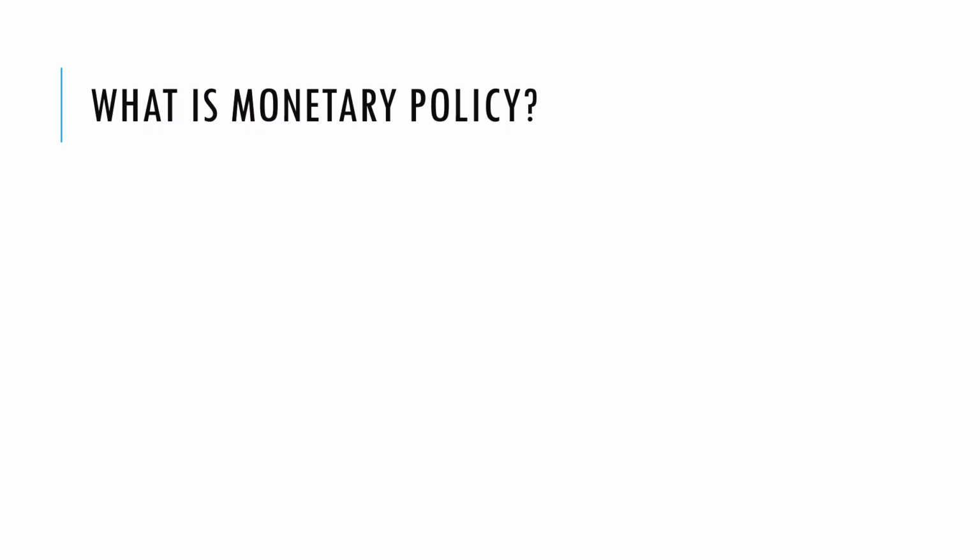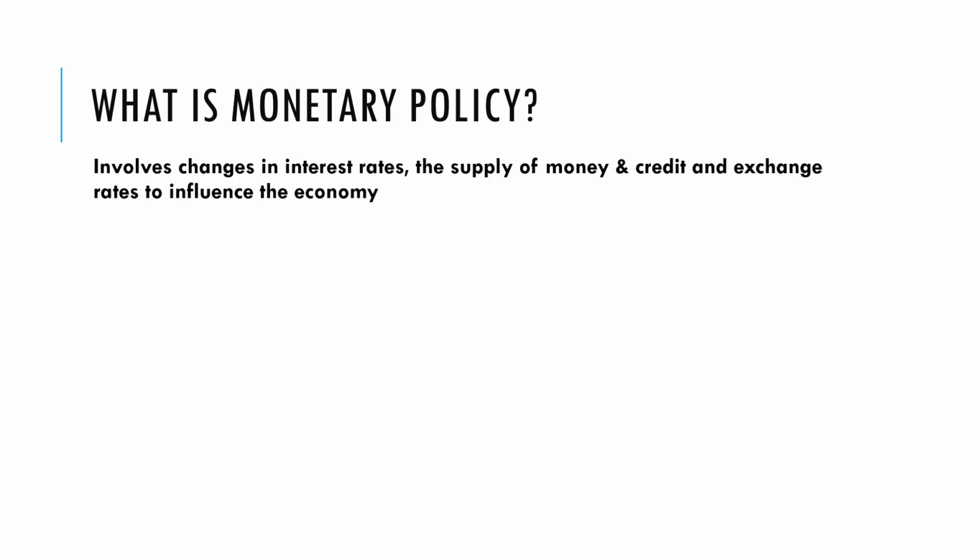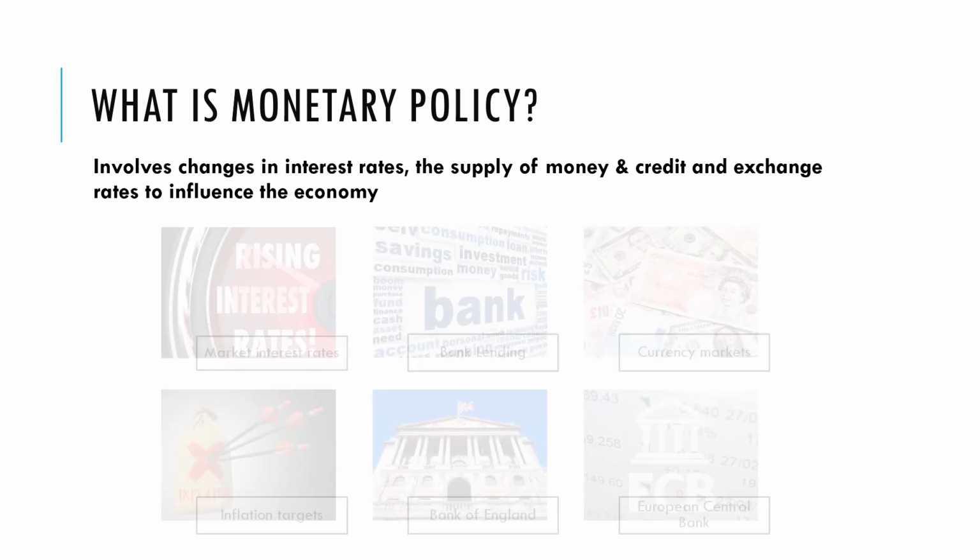So let's start off with looking at what is monetary policy. Monetary policy, well, if we look at the word itself, policy over money, monetary issues. Monetary policy involves changes in interest rates, the supply of money and credit in the economy, and exchange rates to try and influence the economy.